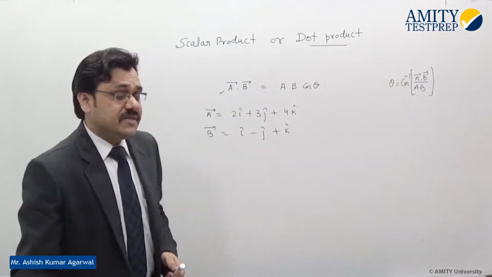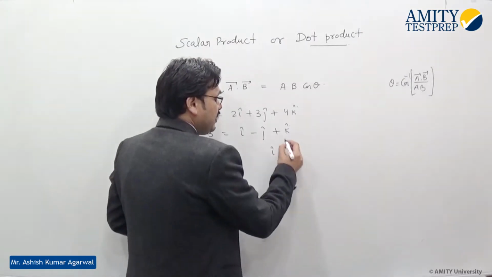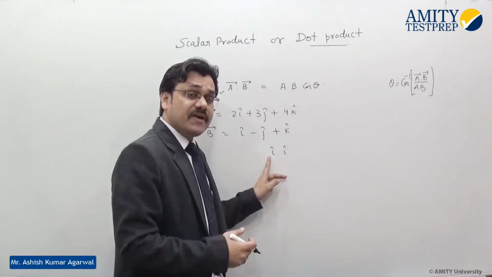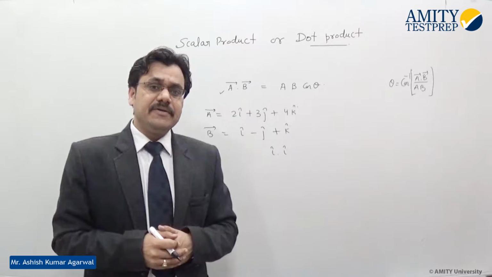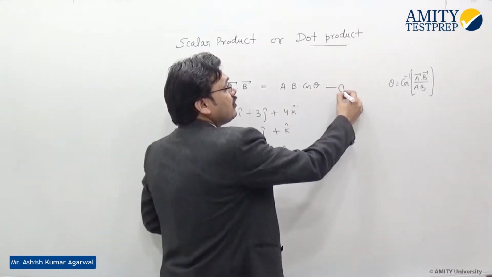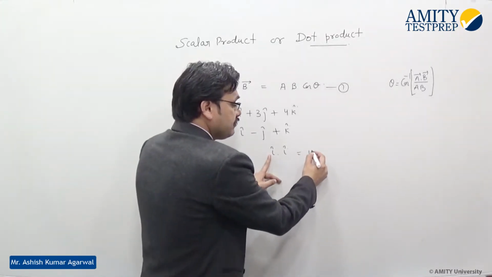Here it should be understood what the product is when I multiply i dot i. i cap dot i cap. i cap is a unit vector along the x-axis. Any unit vector has a magnitude of 1. So if I apply the formula here, what is the magnitude of the first i cap?